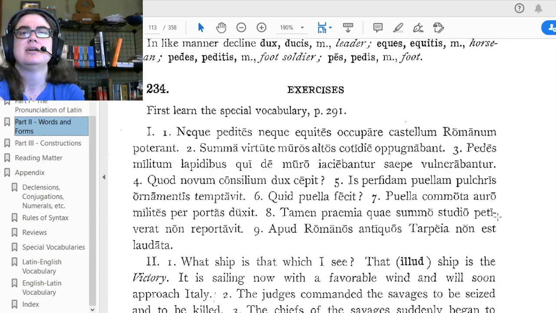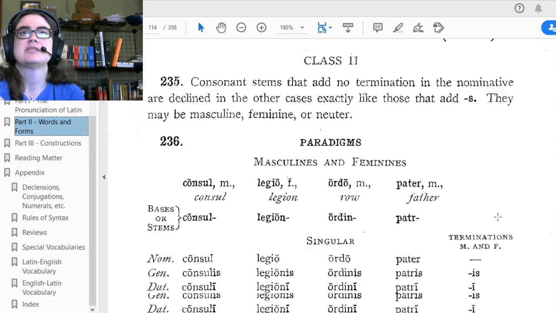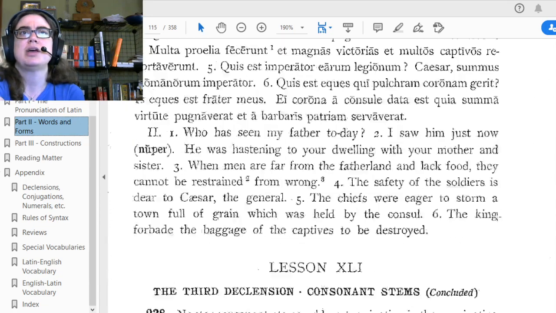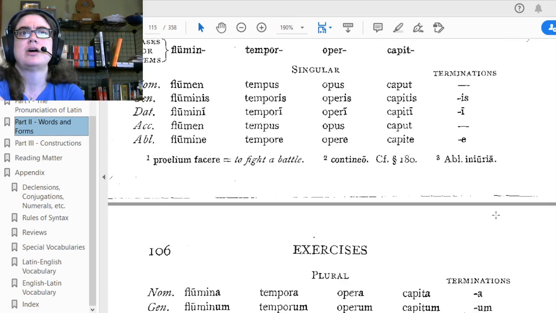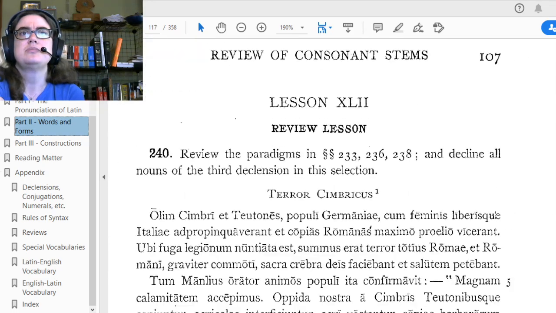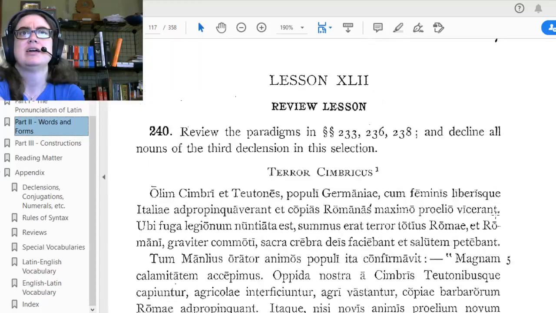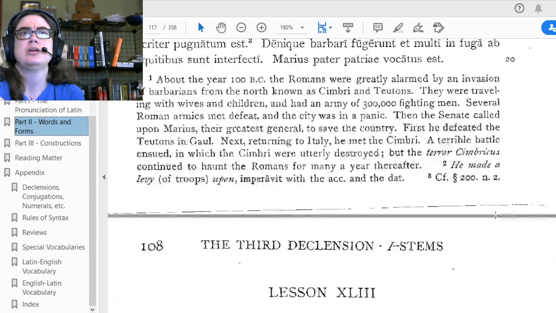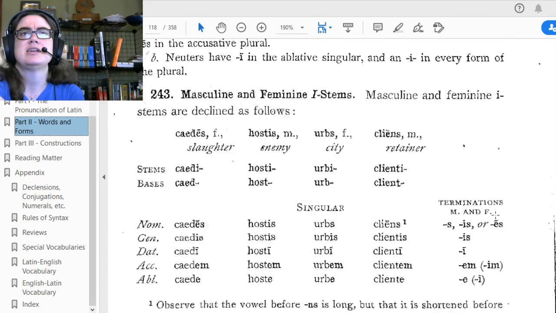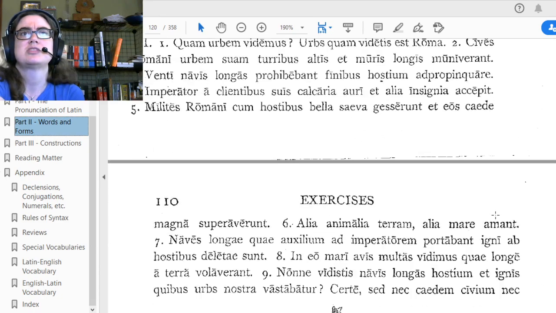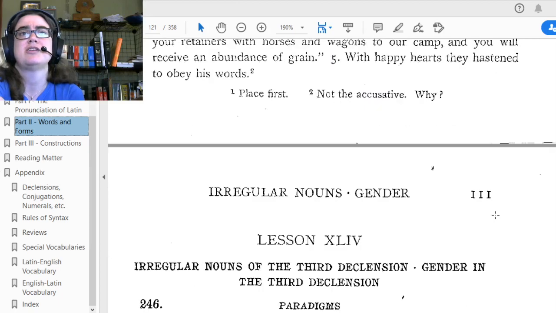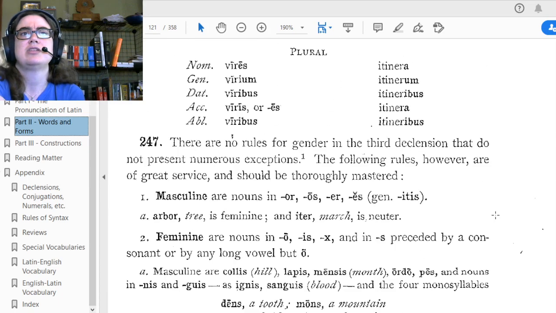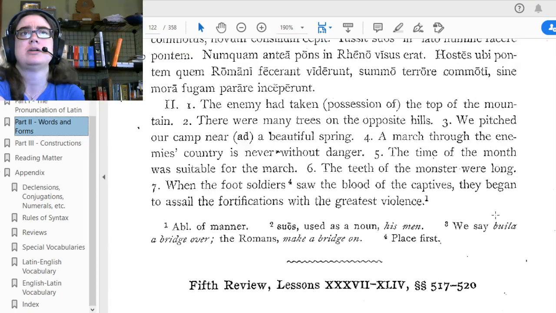Yay. We get a nice verb break for a couple weeks here. Then we get this long story. That's exciting. It's some more third declension. I'm just kind of previewing here for myself as much as anything. Irregular. So we get third declension for a while.